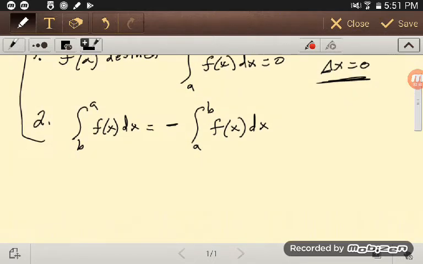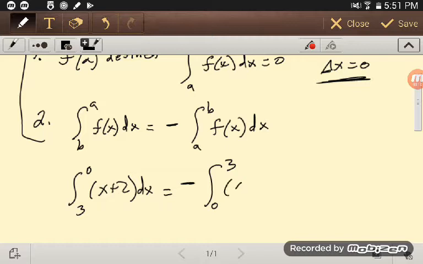And so, for instance, if I have the integral, they give this example from 3 to 0 of x plus 2 dx. Well, what is that? Well, it's the negative of the integral from 0 to 3 of x plus 2 dx.